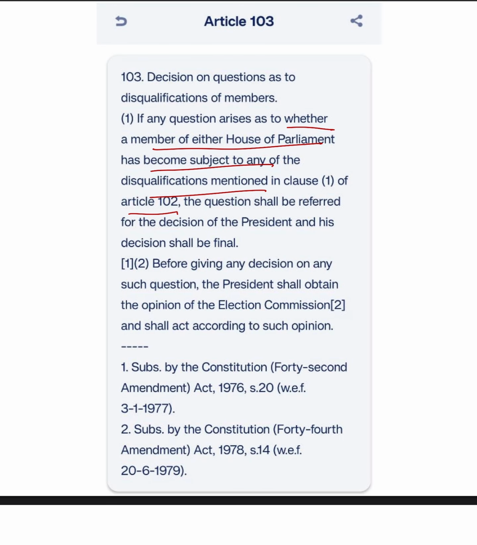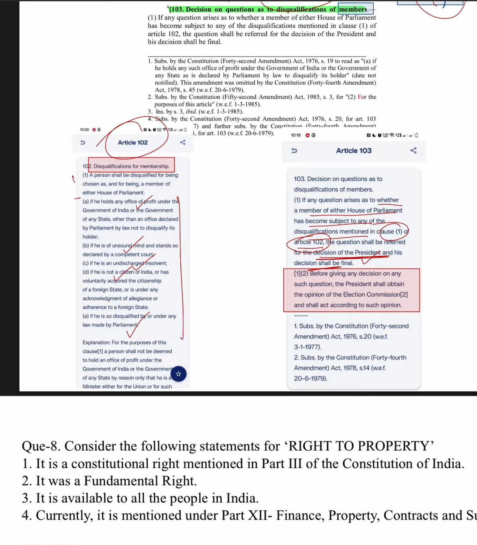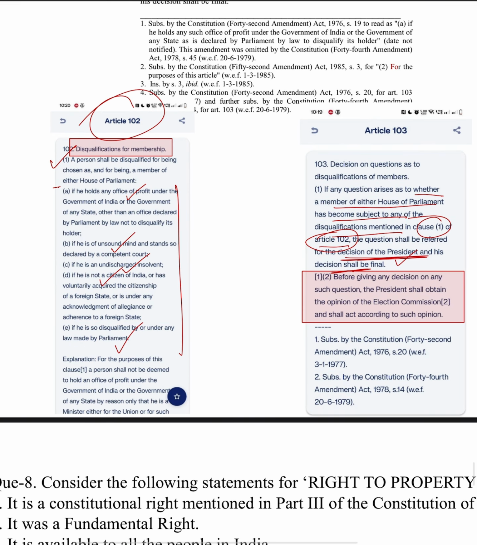Before giving any decision, the decision of the president and his decision is final. तो प्रेसिडेंट बताएगा कि क्या करना है अगर 102 आर्टिकल के क्लॉज 1 से हो रहा है. सो 102 आर्टिकल का क्लॉज 1 ये है. क्लॉज 1 में इतनी सारी चीजें हैं, उसमें से एक है ऑफिस ऑफ प्रॉफिट वाला. सो ऑफिस ऑफ प्रॉफिट की वजह से कौन डिसाइड करेगा?